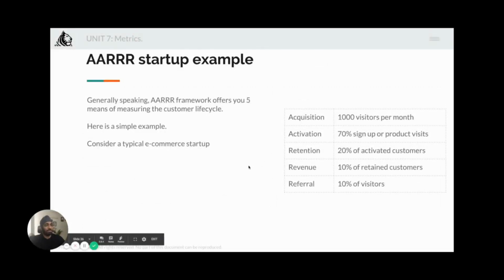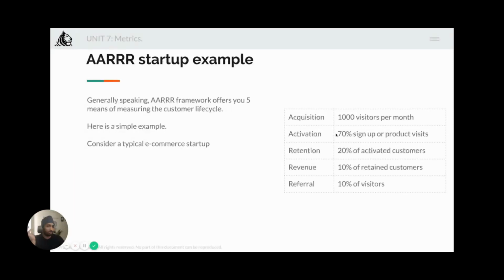So let me give you an example of using R in a certain startup, right? Generally speaking, our framework offers you five means of measuring the customer life cycle. So, a simple example. A website is getting 1,000 visitors per month. Activation was about 70%, so that they are getting nearly 700 users per month.